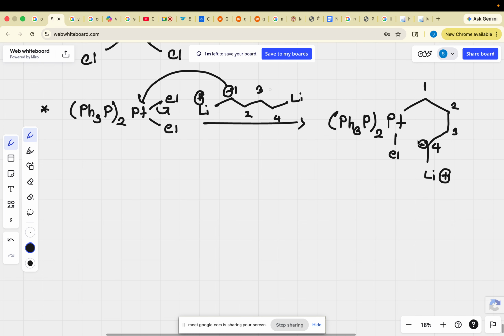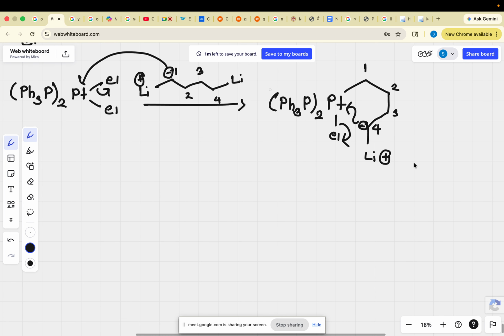This negative charge will attack on the metal center. Chlorine will leave from here. So ultimately we are getting this PPh3 whole 2 platinum, then 1, 2, 3. So that will be the product.